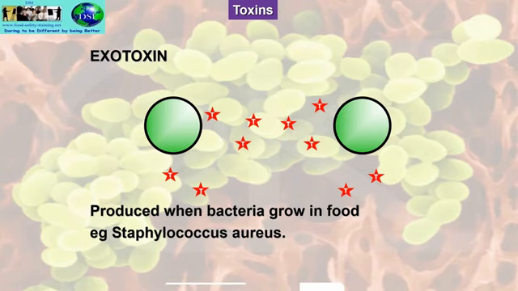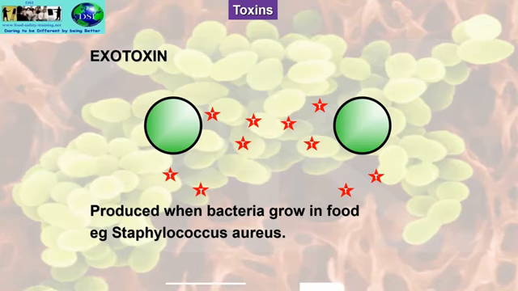So Staphylococcus aureus, for example, if we cough or sneeze over food, we release Staphylococcus aureus because we are the reservoir, if you like, for Staphylococcus aureus. They're on our skin, they're in our nose, our mouth. So if we release those bacteria onto food, and it's high-risk food, and the food is at warm temperatures, they will start to grow. As the bacteria grow, they give off waste products called exotoxins, waste material.